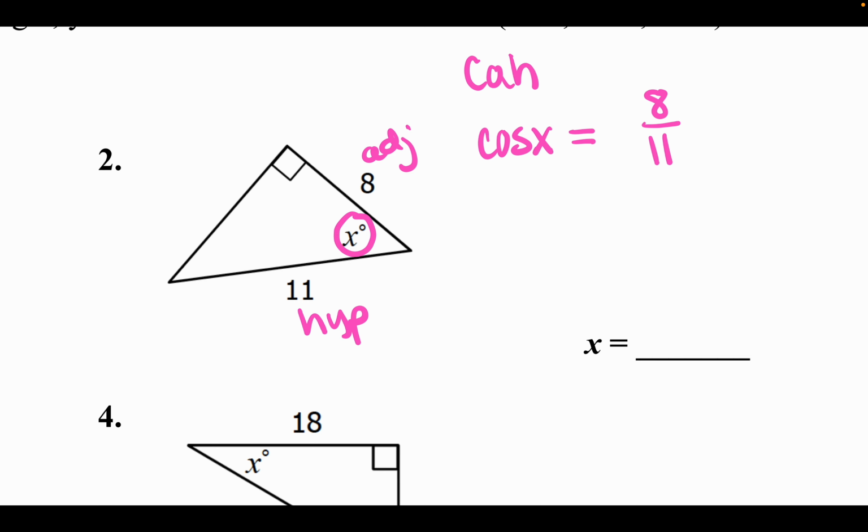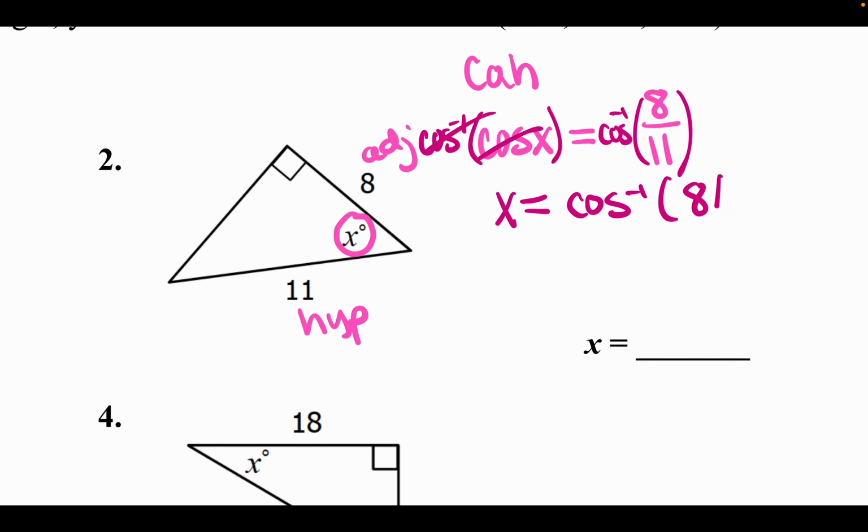Now again, remember I showed you can do the inverse to both sides, and that cancels out that cosine, leaving us with x by itself equal to the cosine inverse of 8 divided by 11. So when we type that in, I get 43.3 degrees.